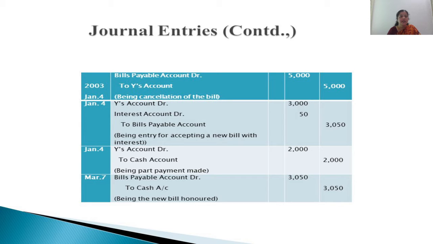Then the next entry is regarding acceptance of the new bill, because on the first due date what we did is we paid Y 2,000 rupees because we had to pay 5,000, the value of the original bill.